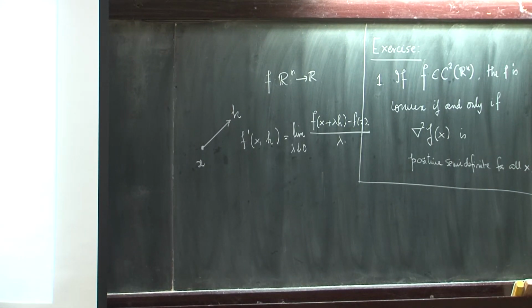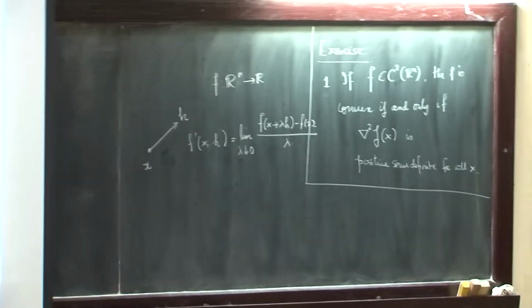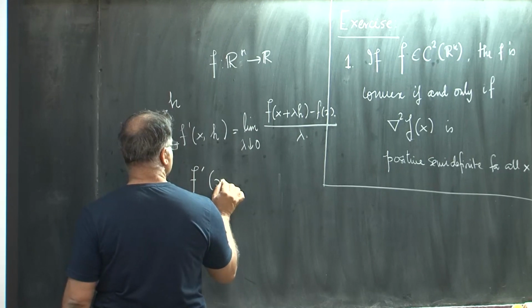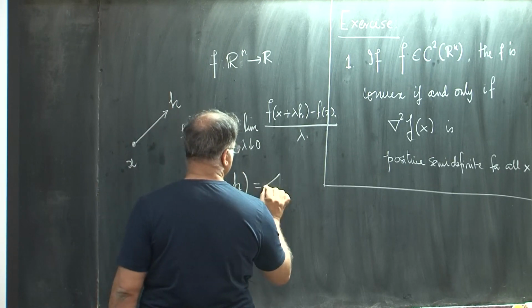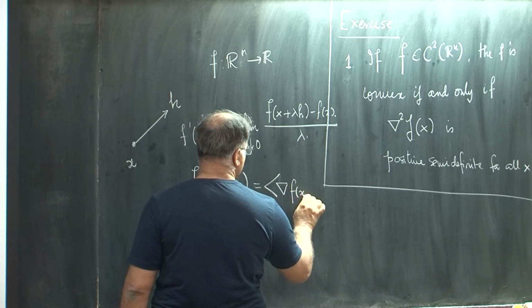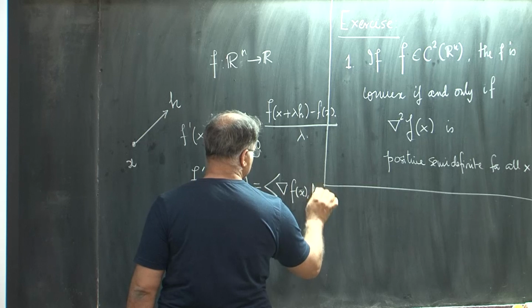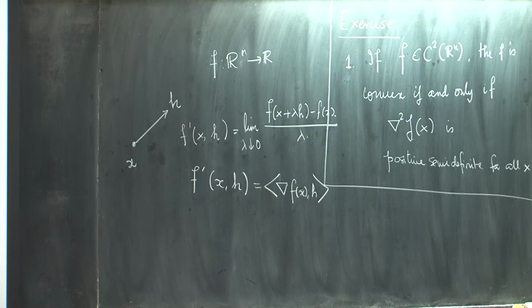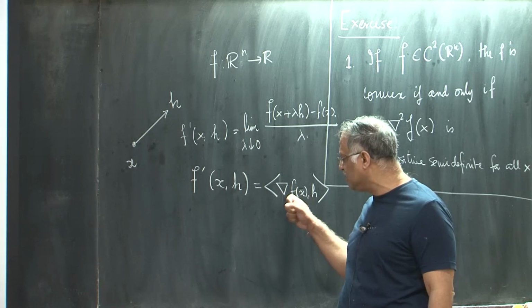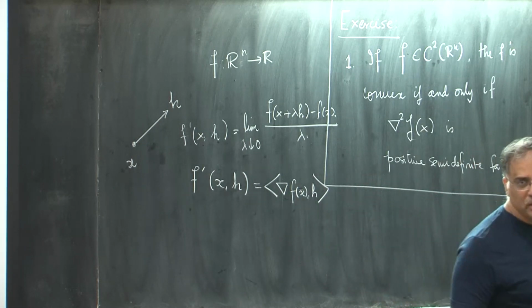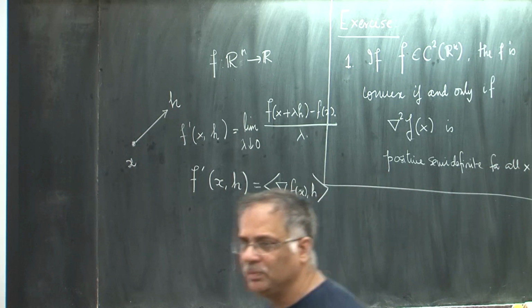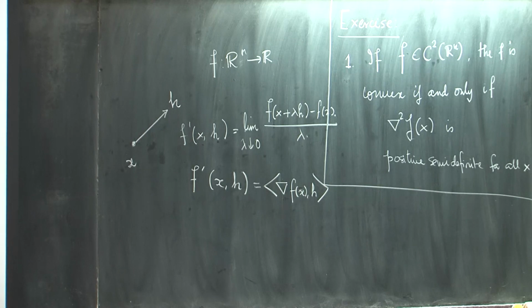So this is the definition, and if the function itself is differentiable, that is, has a gradient vector, then this is the standard relationship that you know from vector calculus. You can check it up on the net if you want. But the interesting part of convex functions is that even when the gradient does not exist at a point x, we can still talk about the directional derivative. It does not need to fit into that relationship, but still we can.